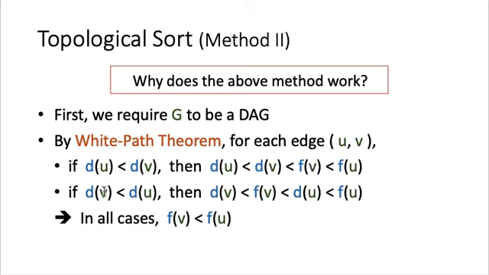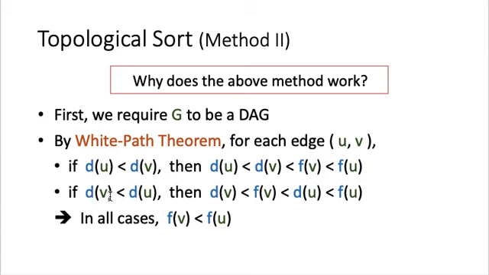On the other hand, if v has a smaller discovery time, then by the time that we perform DFS at v, we should not be reaching u at all, because otherwise there will be a cycle. Because graph G is a DAG, there is no cycle. So by the time that we start DFS at v, v has to finish before we can start visiting u.